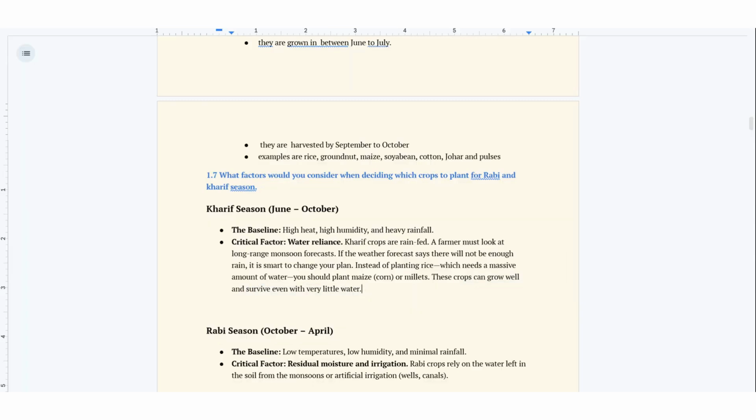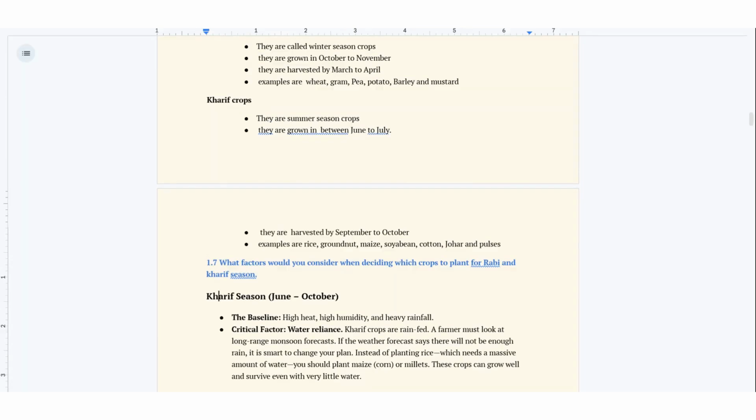So, the question again, what factors would you consider when deciding the crops to plant for Rabi and Kharif crops? If we take Kharif, it is a summer season crop. Summer means high heat, high humidity, and heavy rainfall.